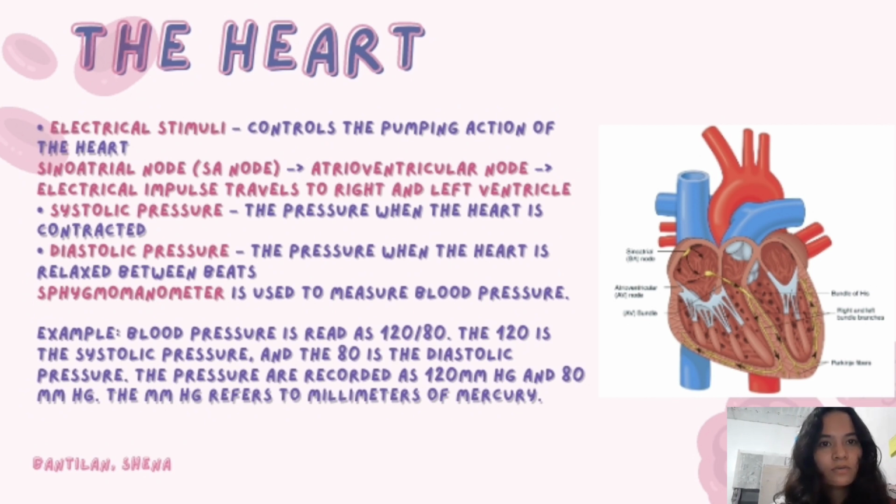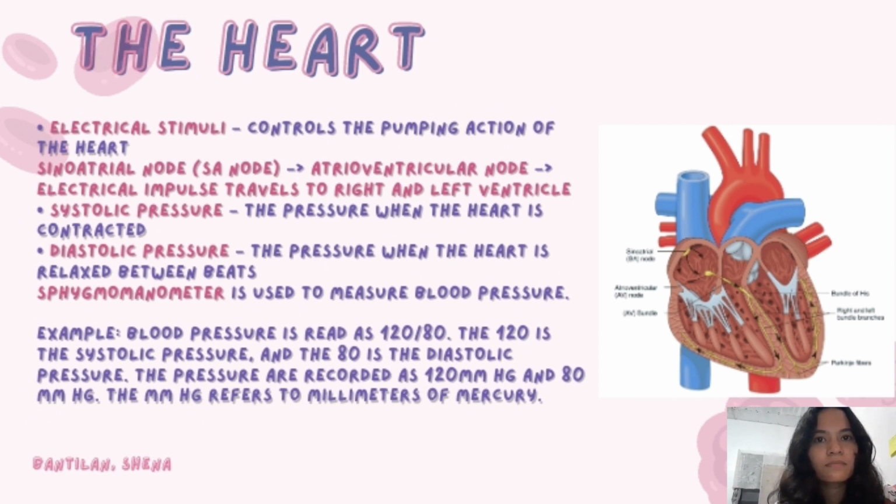We also have systolic pressure, the pressure when the heart is contracted, and diastolic pressure, the pressure when the heart is relaxed between beats. A sphygmomanometer is used to measure blood pressure. We have learned this, and Sir Earl discussed this in our BMLS 1, if I am correct.